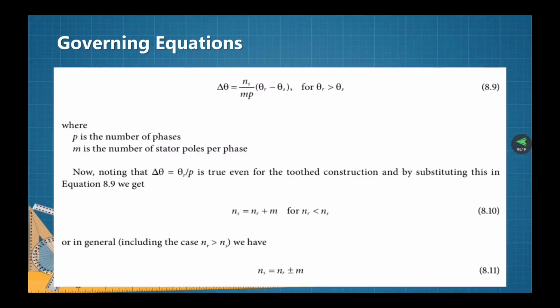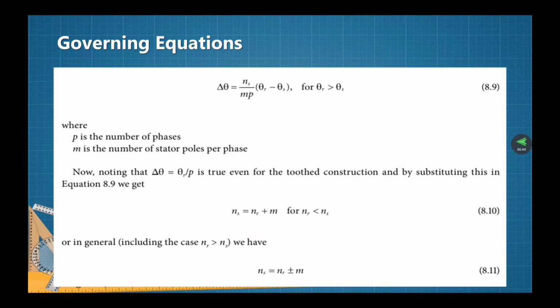Now we move to the next slide. We will talk about the governing equation. The equation for the step angle given so far assumes that the number of stator poles is identical to the number of stator teeth.